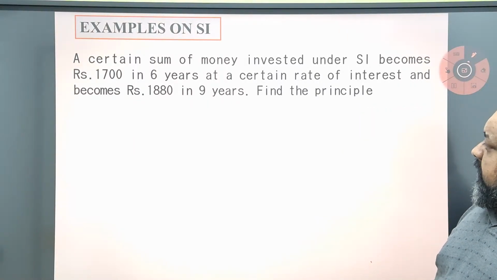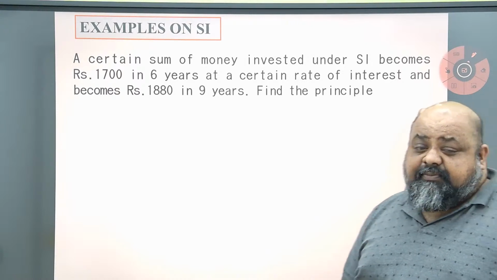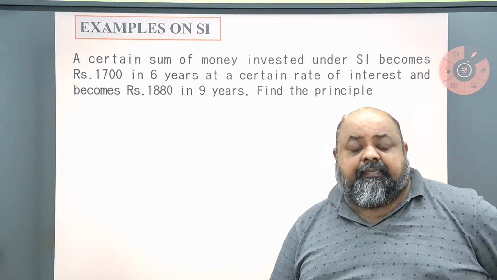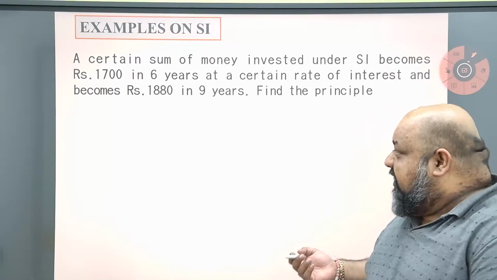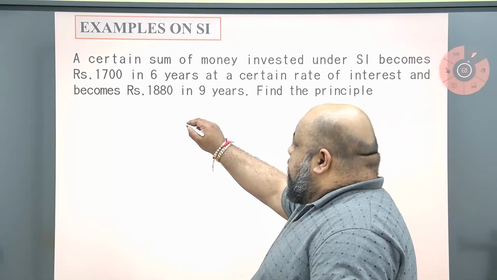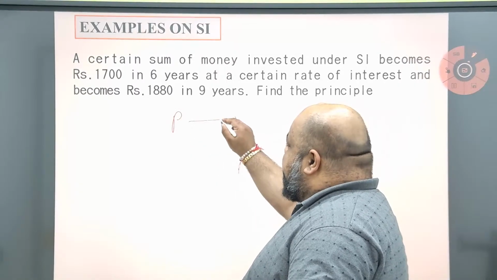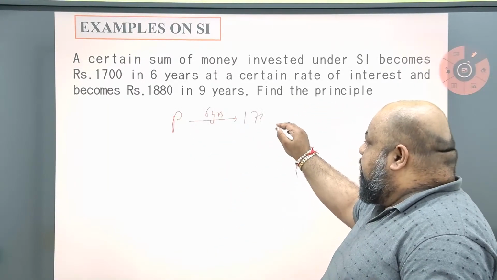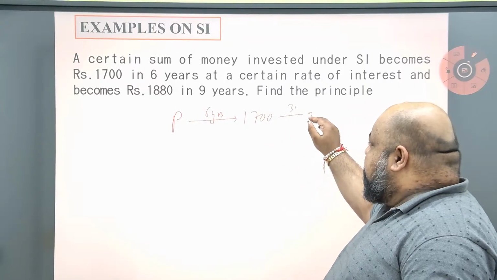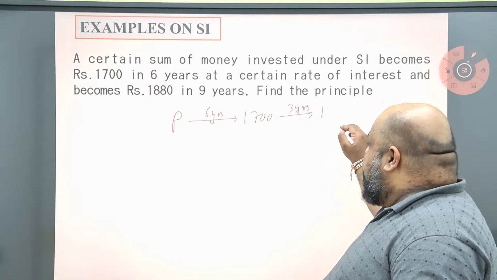And after 9 years, it becomes 1,880. We have to find the principal. What do we do here? So basically, we start with the principal. In the first 6 years, it amounts to 1,700. Over the next 3 years, it amounts to 1,880.